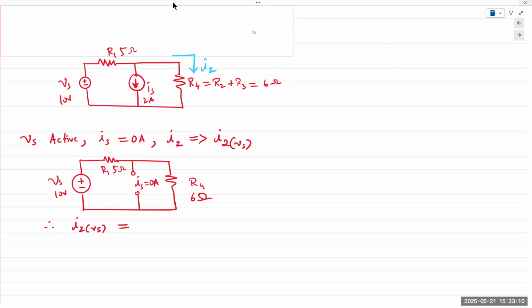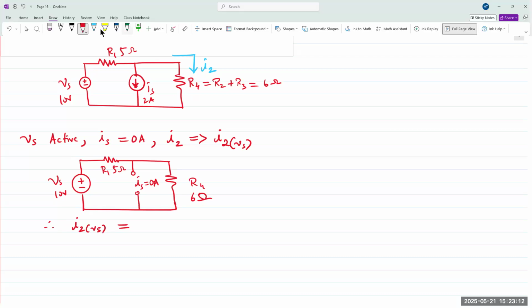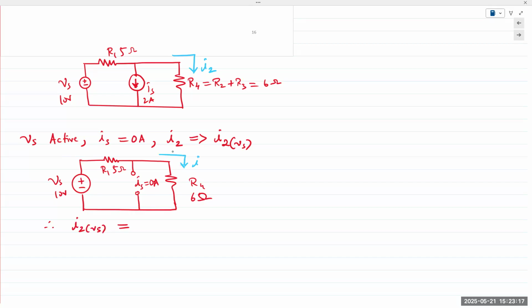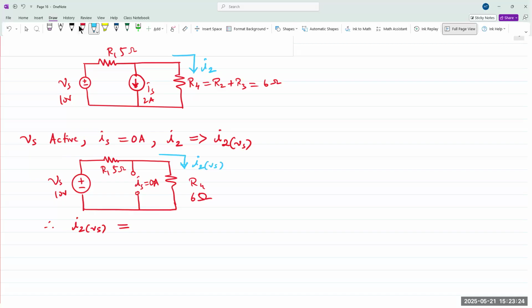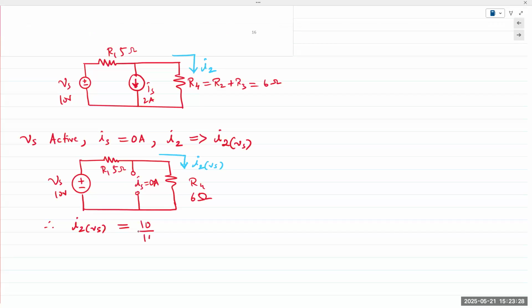What is it? Anyone? Absolutely. 10 divided by 11. How much is it? Approximately equal to 0.909 amps.